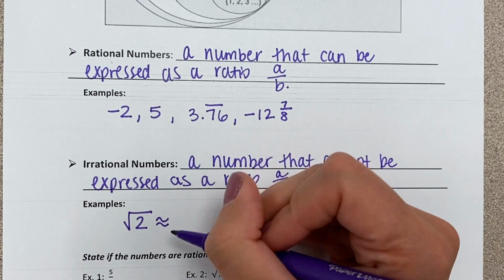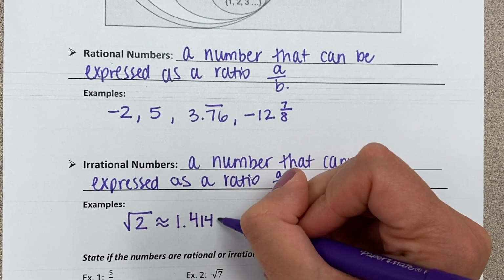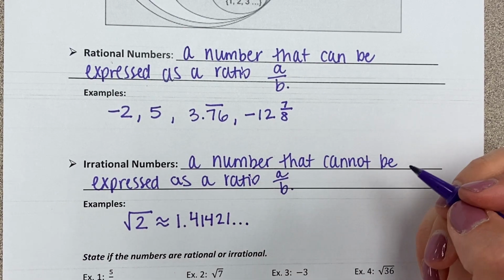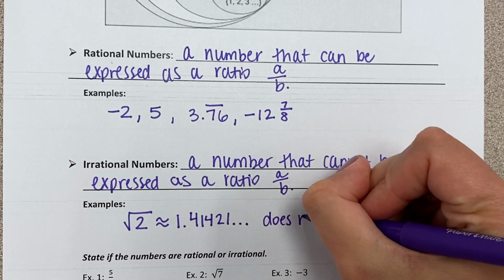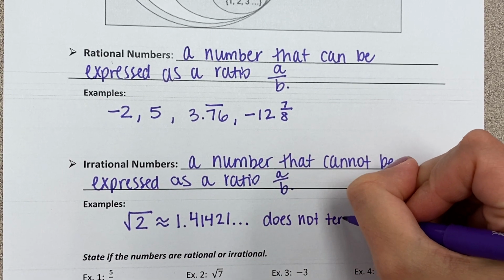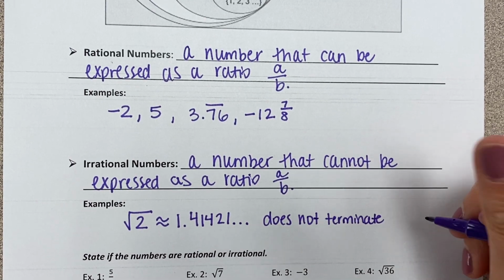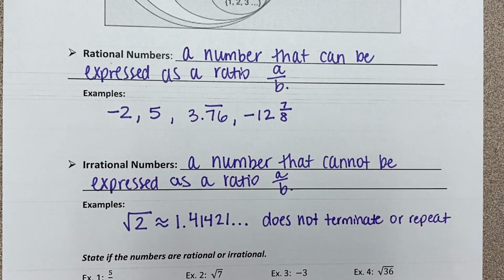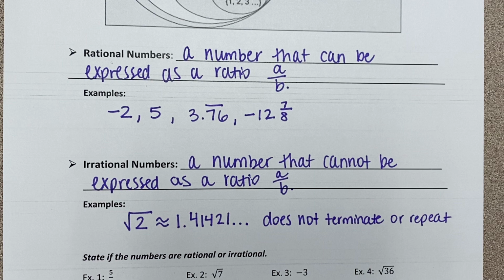If I wrote this out, it would be 1.41421, goes on and on and on, does not terminate, meaning stop, and it does not repeat. It repeats by continuing on, but it's not repeating a pattern. So that means it's irrational.